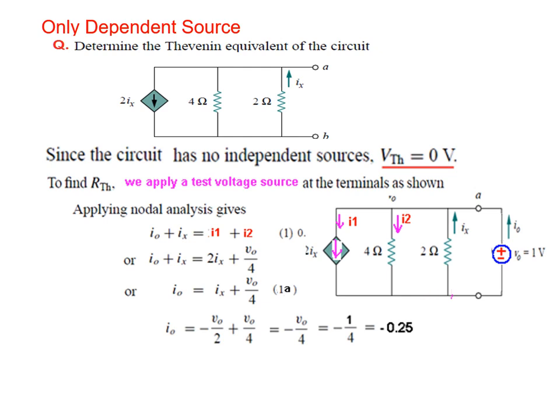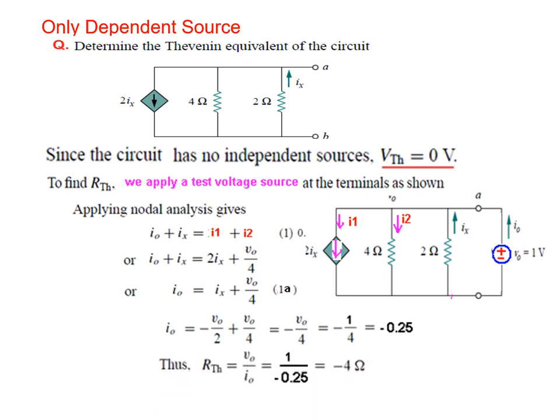So we can also write negative V naught over 2, then V naught over 4 here, and from here by solving we find I naught to be negative 0.25. Remember that this V naught is the same as the test voltage that we have taken, so for V naught we put 1 volt divided by 4, so I naught is negative 0.25 ampere.